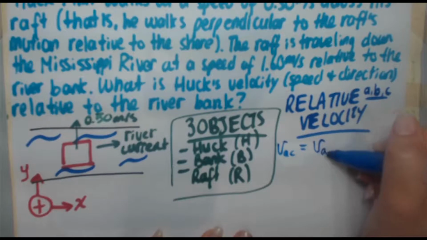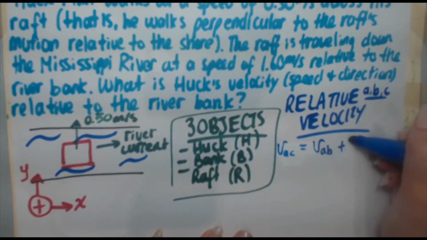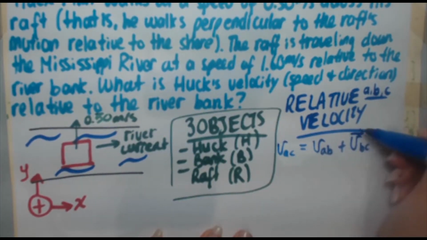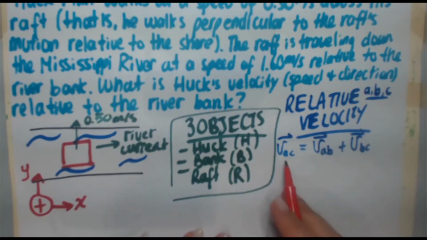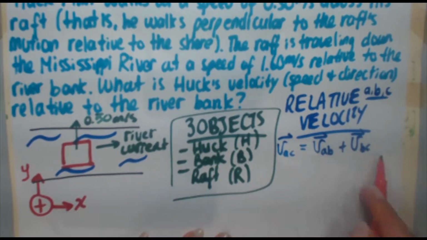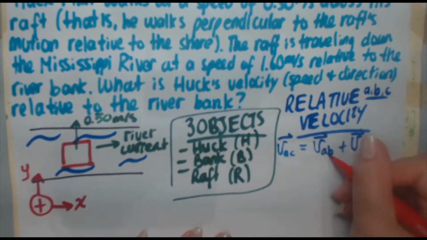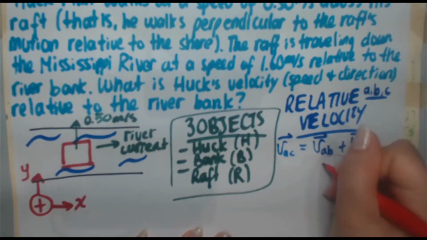It's the velocity of A relative to B plus the velocity of B relative to C. We have to put our vector symbols there because this is vector addition. You see how we're looking for VAC? The reason we write the right-hand side like this is because the two inner letters cancel.